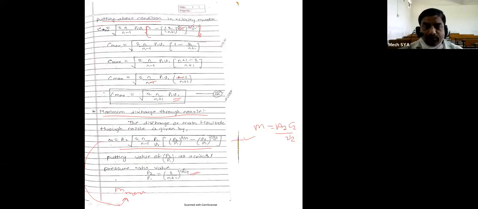Now if you substitute this, m max will become what? Only P2 upon P1 we have to substitute as 2 upon n plus 1 raised to n upon n minus 1.